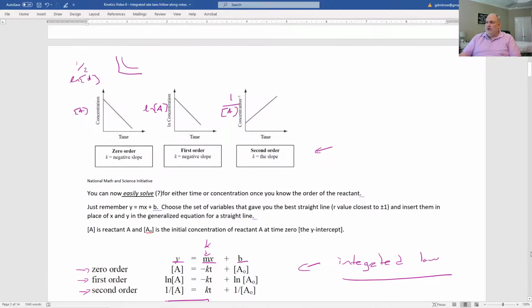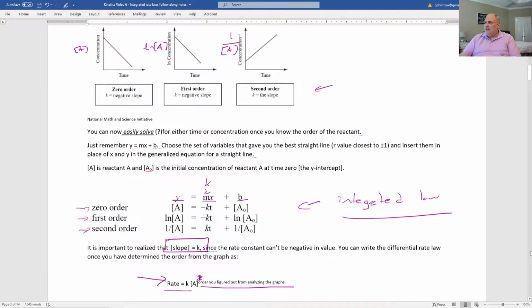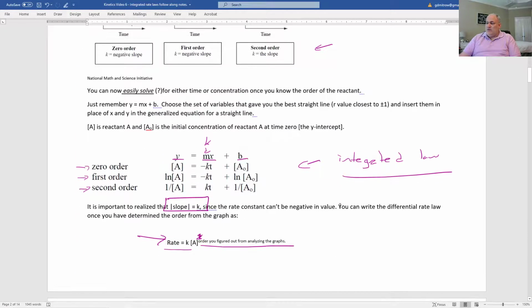If we plot natural log of A and that gives us a straight line, that would indicate first order, and that would give us k A to the 1. And similarly, if we got 1 over concentration versus time and we got a straight line, we would end up with a second order.